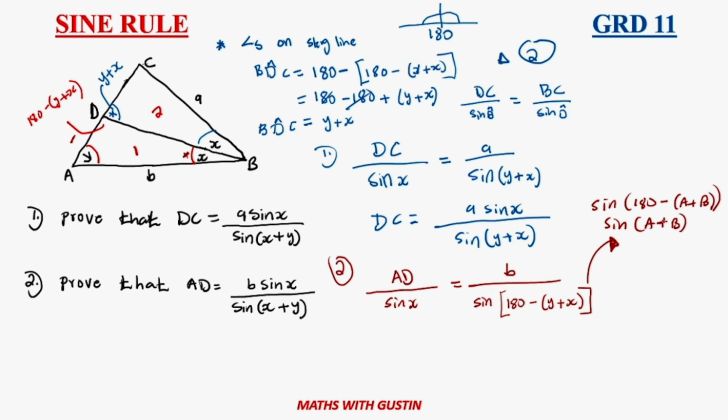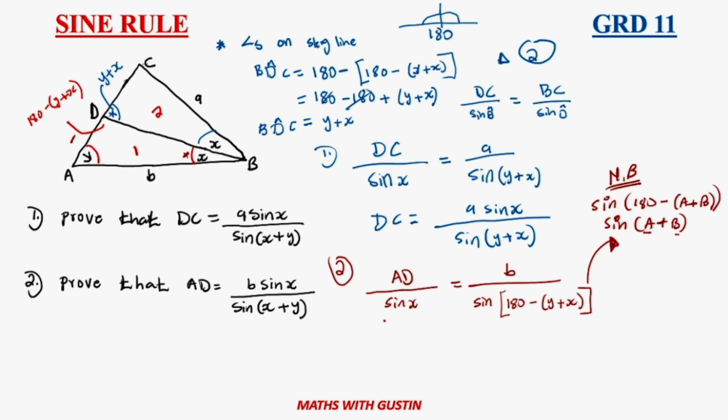So if you ever have a situation like this, please make sure that you know how to simplify it. If it's 180 minus or plus something, it will ultimately add up to A plus B. Especially when it comes to the sine rule, you will never have anything else. It will always be 180 minus. So it will simply reduce to those two angles being added together without the 180.